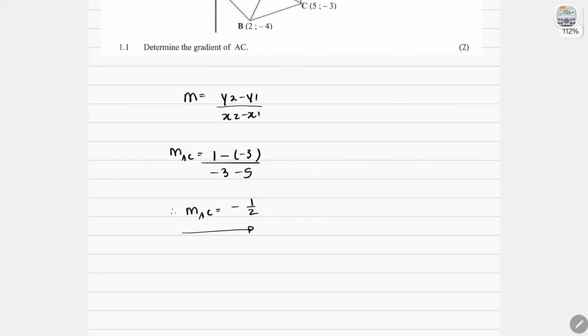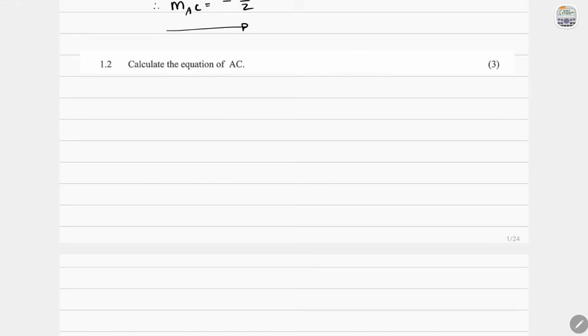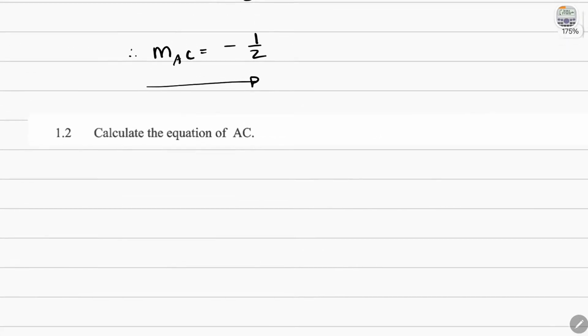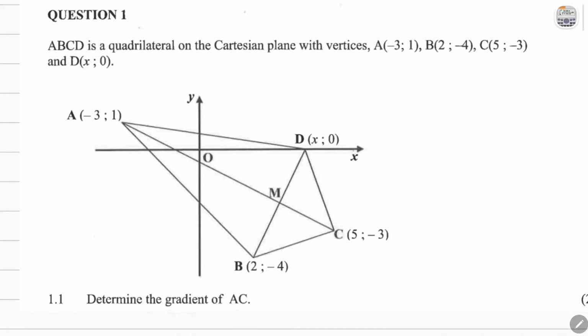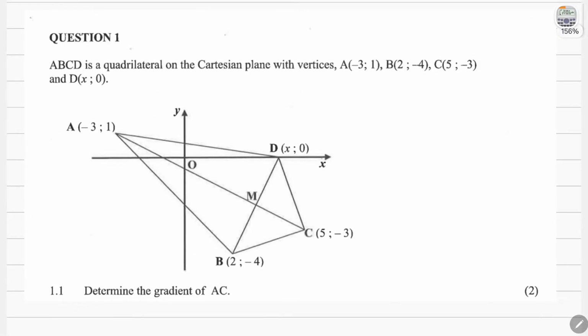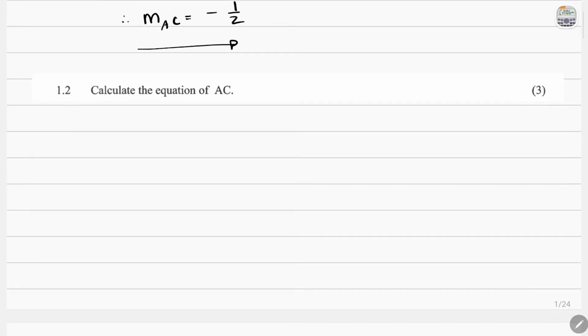Moving on to the next question. 1.2 says calculate the equation of AC. Great, we have the gradient of AC. You just need to use one point on that line AC to find the equation. So I'll go ahead and use A, negative 3 and 1.